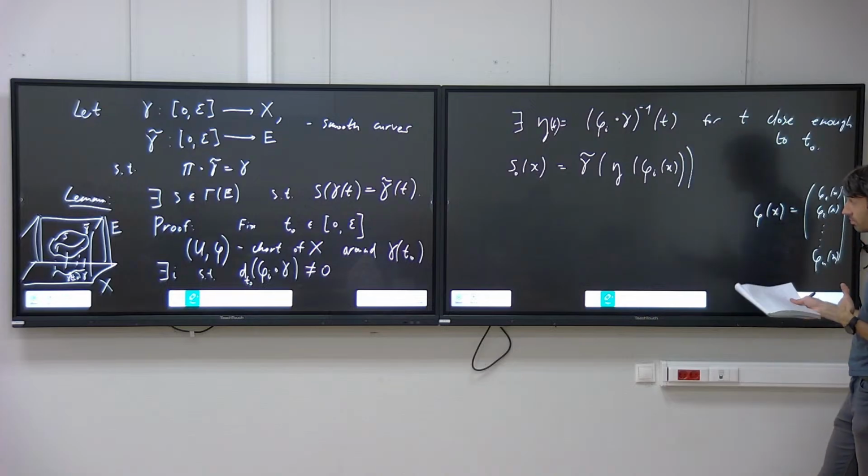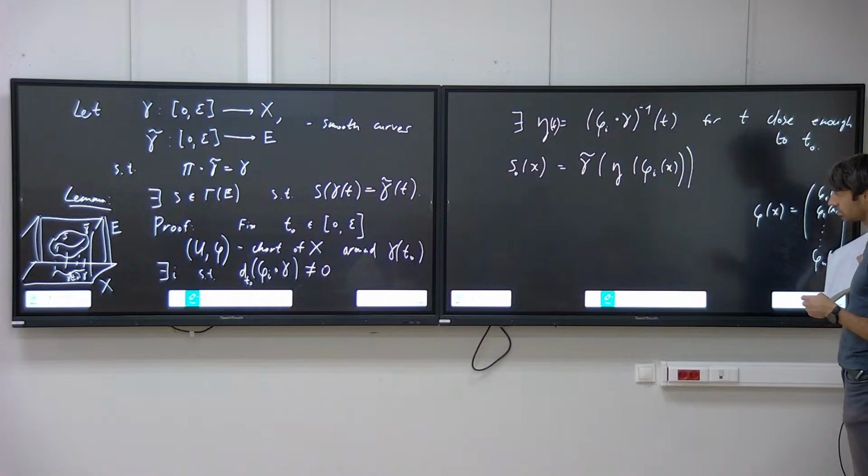This is just a function from U to R for each fixed I.